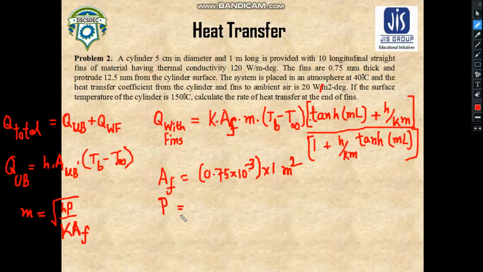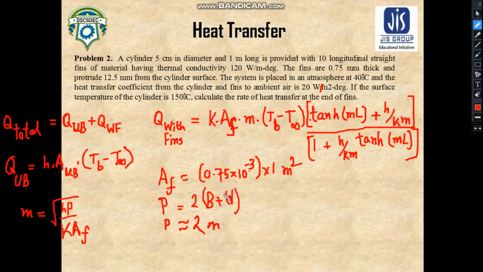It is again very simple. It is calculated by the formula 2(b plus h). The breadth is 1 here, but the height, or the thickness of the fin, is very small compared to the breadth. So we can assume the perimeter equals twice the breadth, which is 1, so we assume the perimeter as 2 meters.